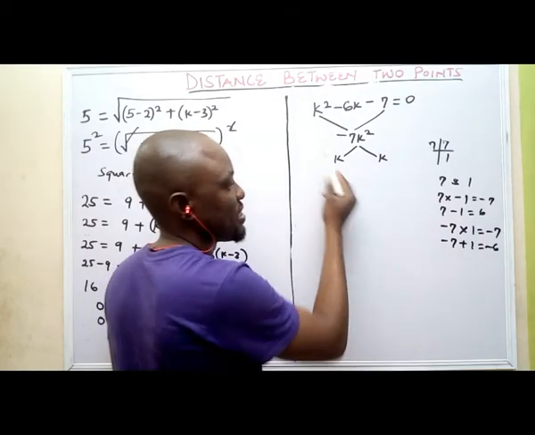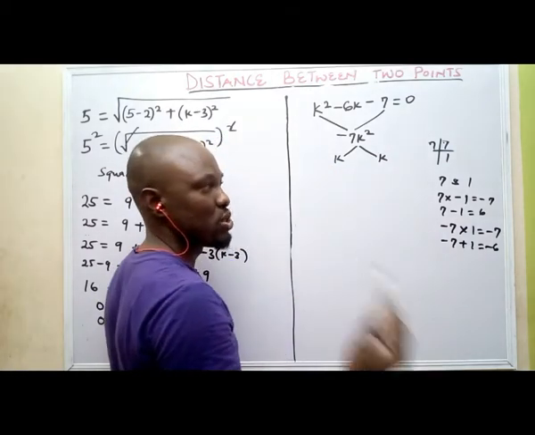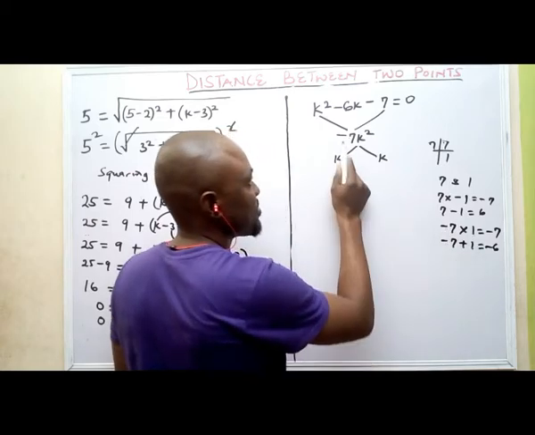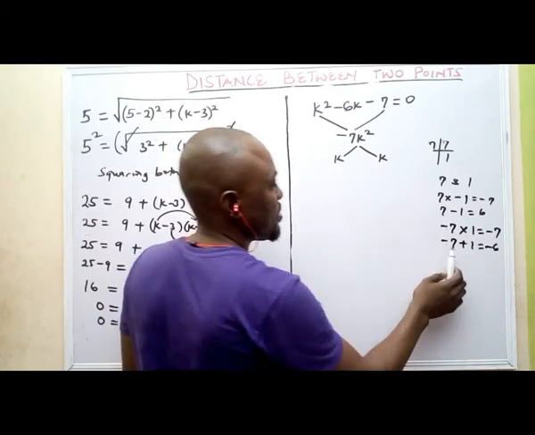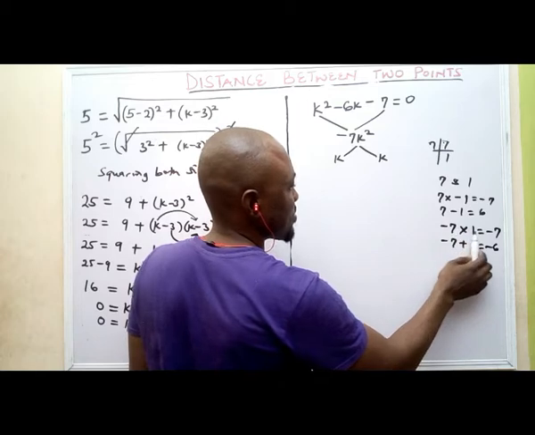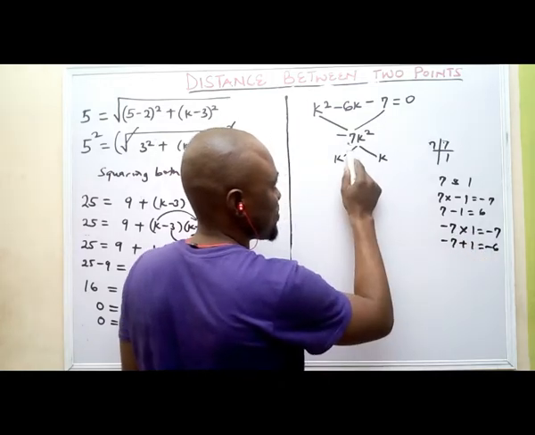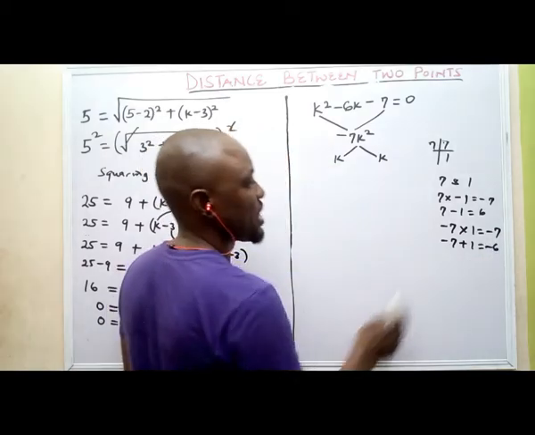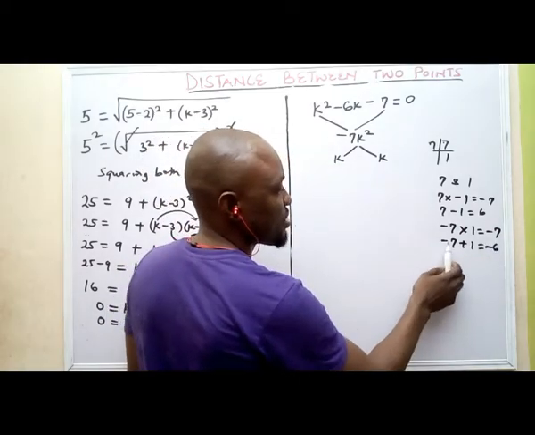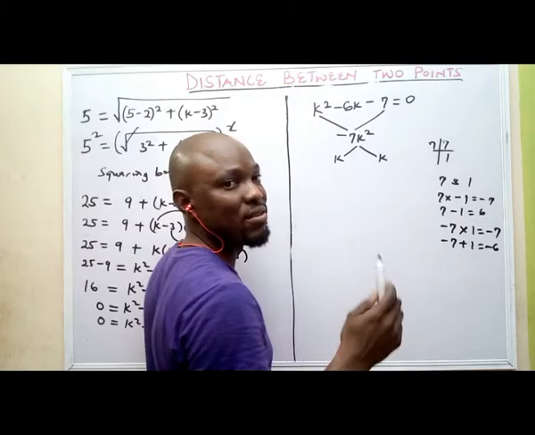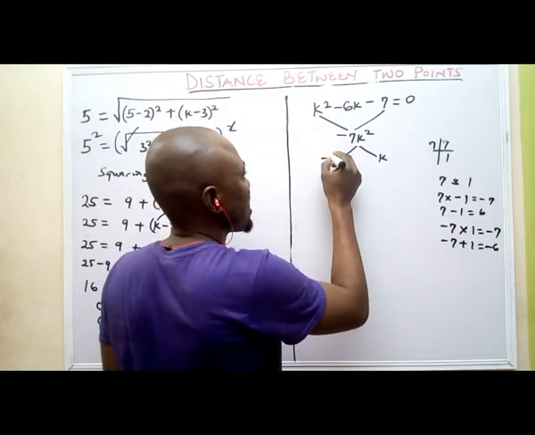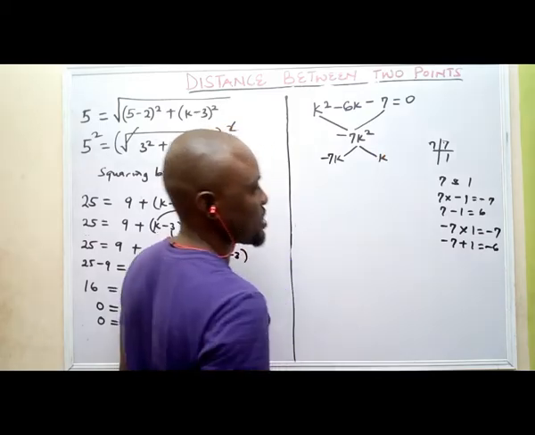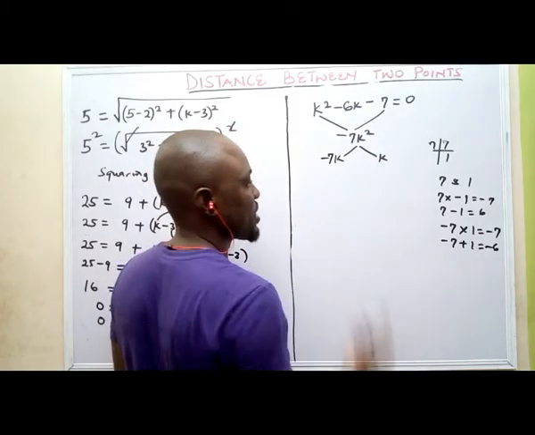Now you can see what I said earlier on: two factors so that on multiplication it gives me minus 7, and minus 7 times 1 gives minus 7. That confirms that this is correct. Minus 7 plus 1 gives me minus 6. So that shows that minus 7 and 1 are the factors. I'm going to attach the sign, minus 7 and then 1, which is k. K means 1k.